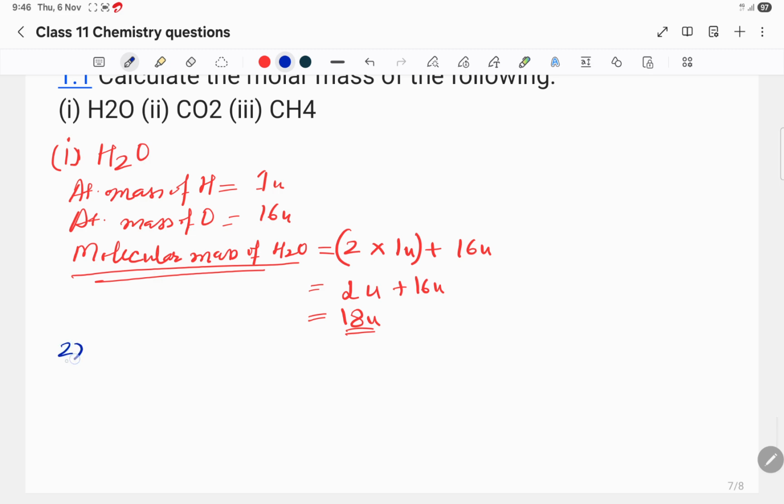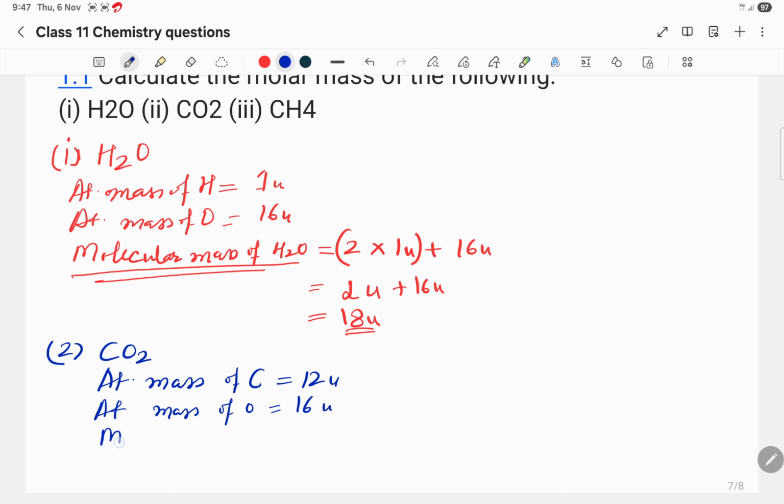Okay, second part is molecular mass of carbon dioxide. Once again, atomic mass of carbon is 12 unit, and according to the first question, we know that atomic mass of oxygen is 16 unit.